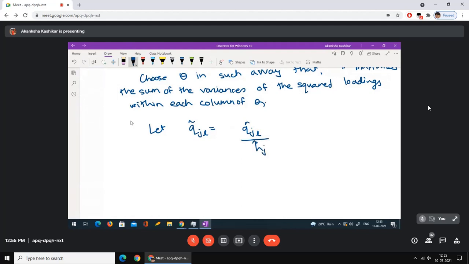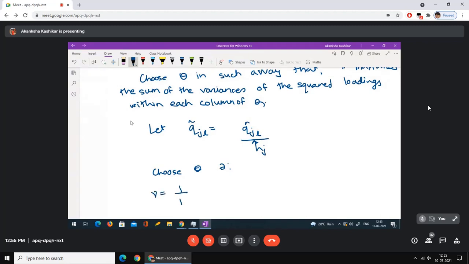So we are dividing by the square root of the communality. We are dividing the estimated loading by the square root of the communality of that particular variable. And the Varimax criterion says choose theta such that this quantity is maximized.